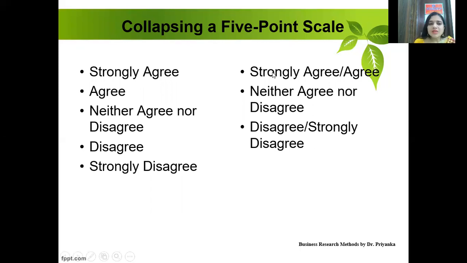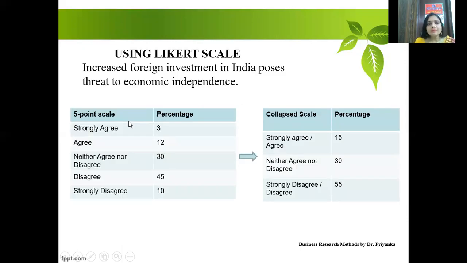First of all, you might have very few questionnaires in your hand, and the data is such that you are not able to handle it with a 5-point rating scale, right? So you might convert that into a 3-point scale. 5 to 3 is very easy. You will be clubbing these two points into one, and these two into one, and this is neutral, right? You can do it this way.